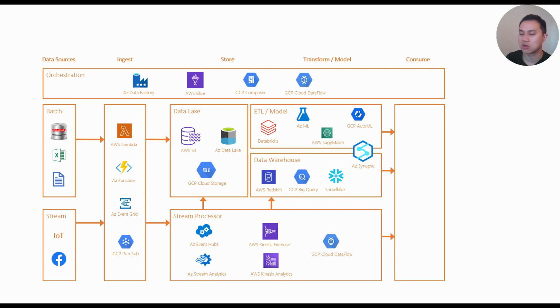AWS similarly has Kinesis Firehose and Kinesis Analytics. So Firehose, I believe, loads the stream data, whereas Kinesis Analytics can make some changes to that data on the fly. And GCP has Cloud Dataflow that can handle streaming data quite well.